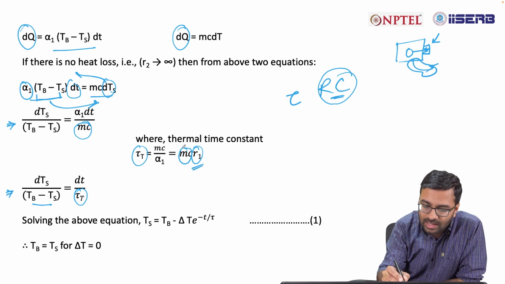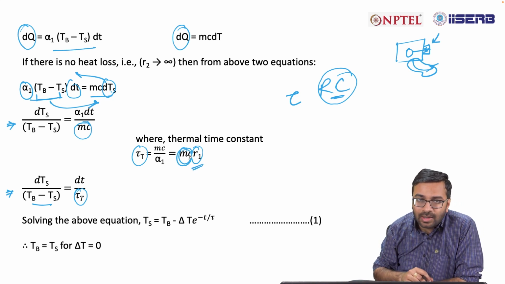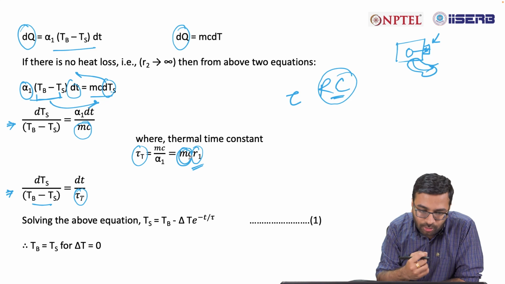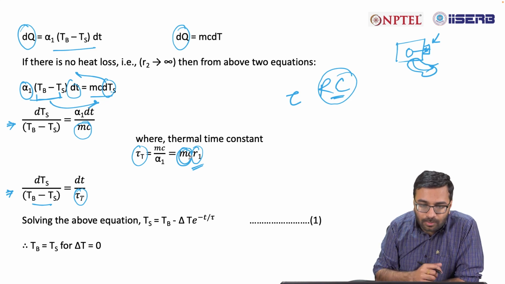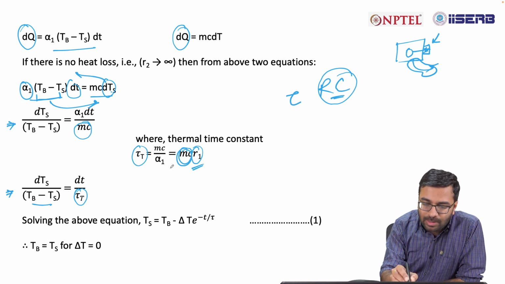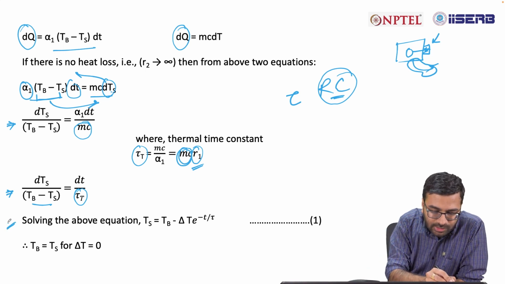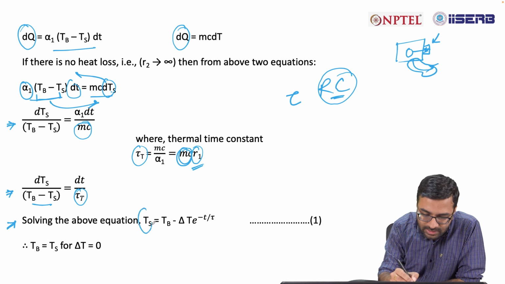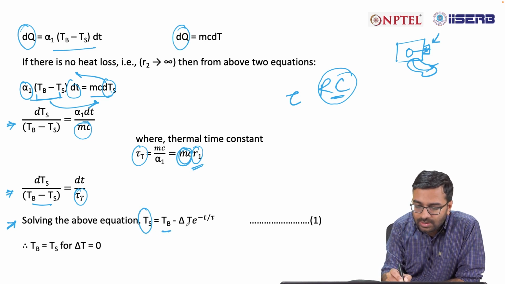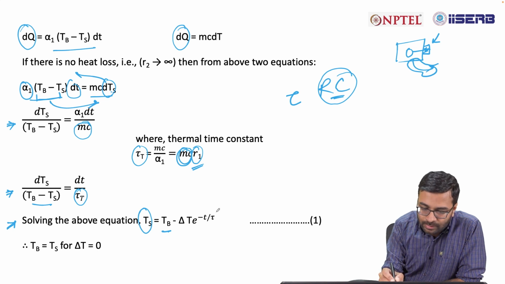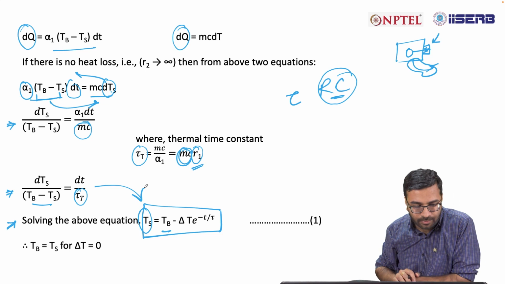This is the resistance, and m and c are the quantification of your thermal heat storage, right? So this is the time constant associated with the temperature sensor, and if you solve this equation, you will find Ts is equal to Tb minus delta T e to the power minus t by tau. So this is the equation that you get from this.